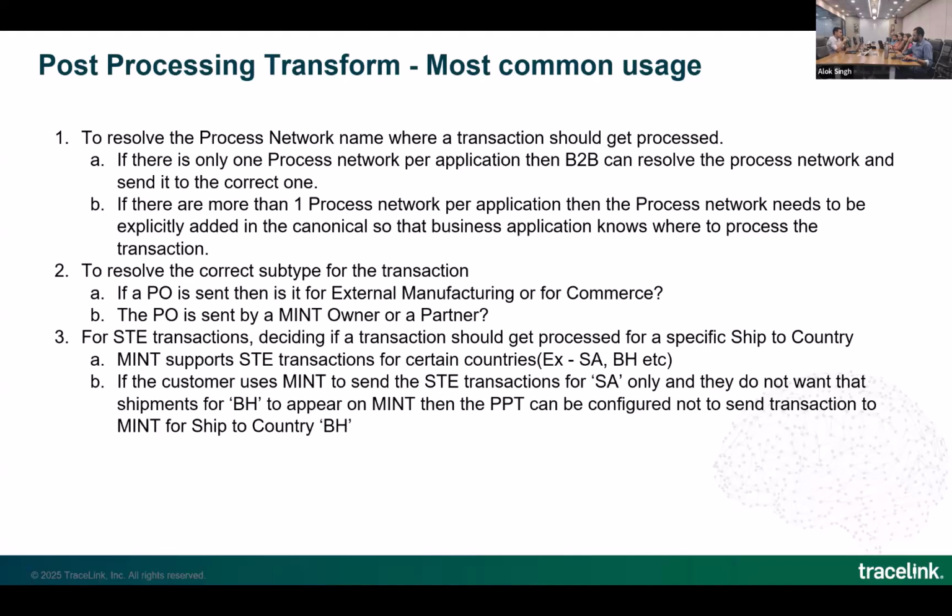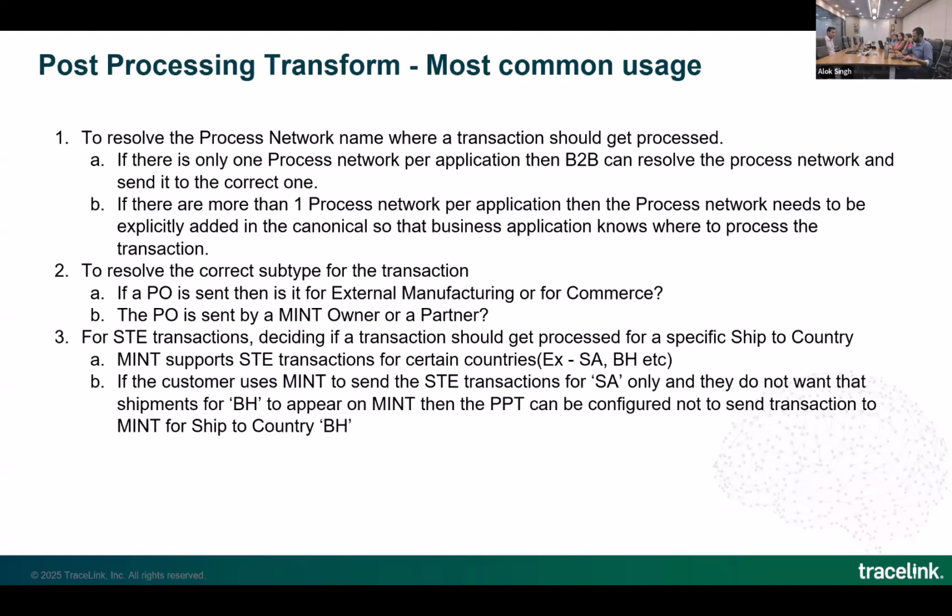The third most common usage for post-processing transform is for serialized shipment transactions. We've already discussed that there is a certain list of countries that are enabled for Mint. So when you create a SOM shipment of type sale on TTS, and you mention one of those countries as ship-to countries, those transactions get triggered, the canonical gets generated, it is picked up by Mint, and then Mint displays that transaction on the Mint user screen, right?